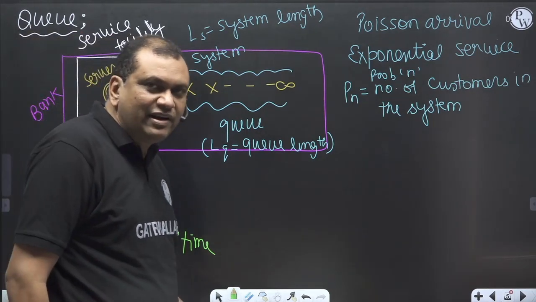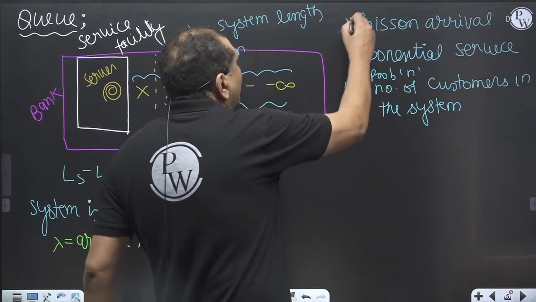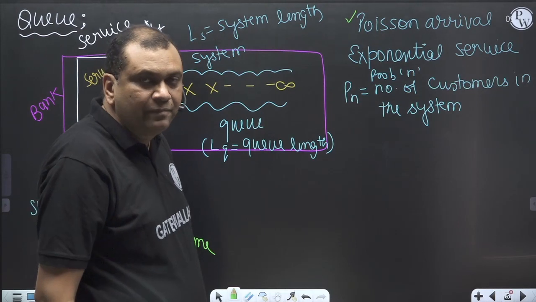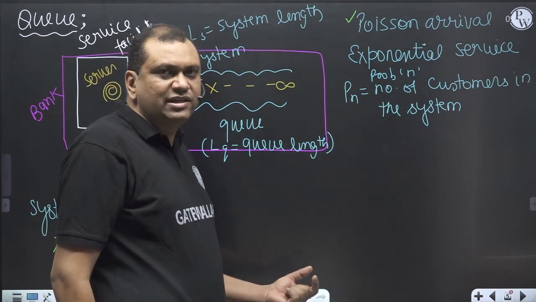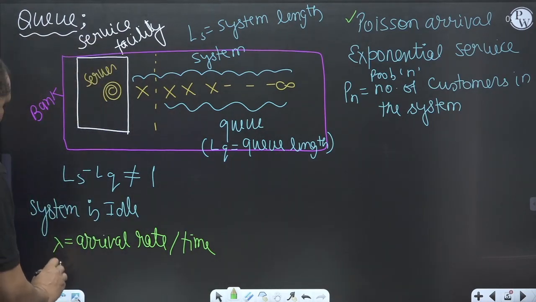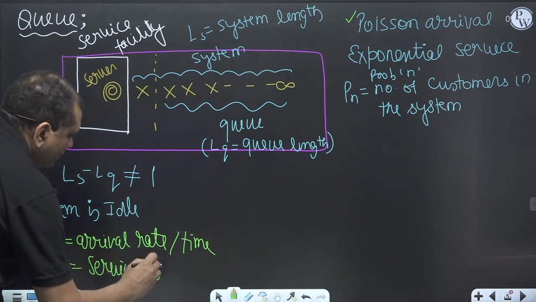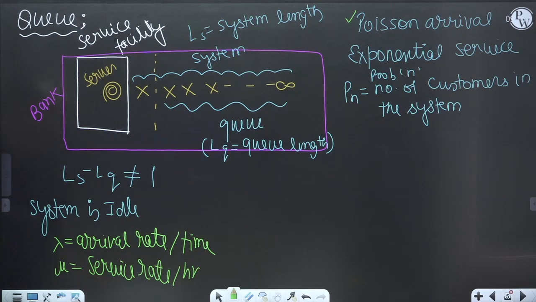Arrivals follow a Poisson distribution, and let us say the mean rate is lambda number per unit time. And mu is the service rate per hour.